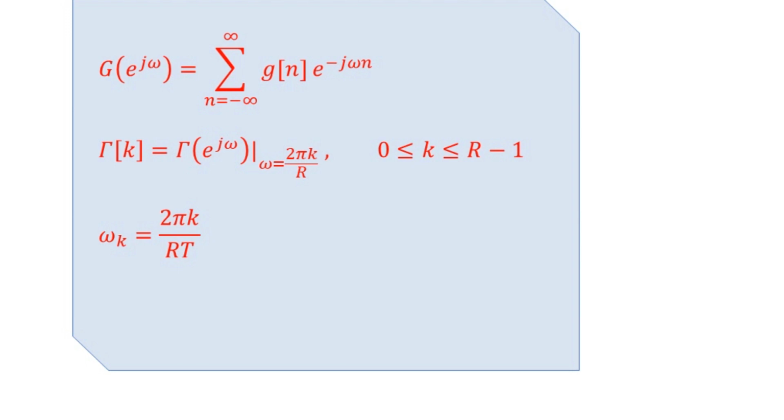So here we express capital omega suffix k is equal to 2 pi k, the numerator will be the same, divided by R into T. In the earlier expression, in the denominator there should not be any T, that is a typo. So here it should be R only.